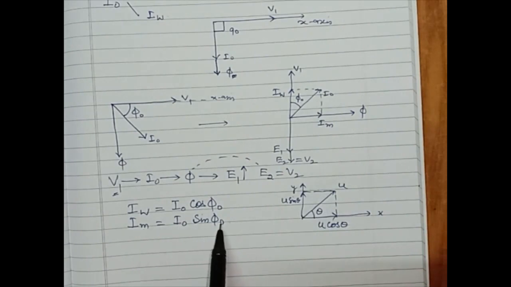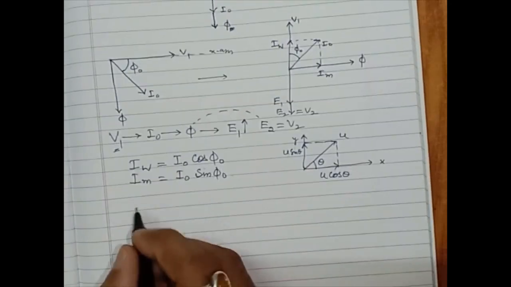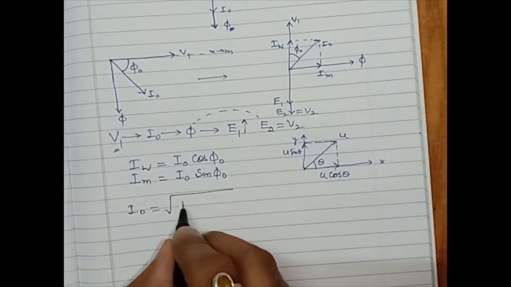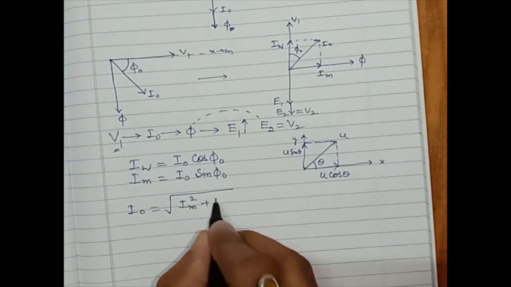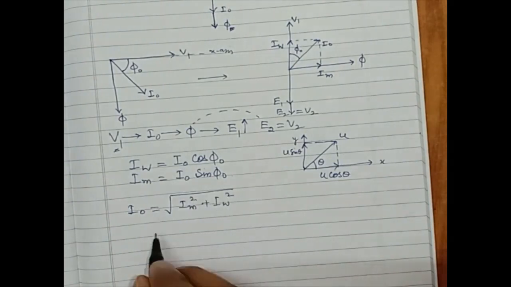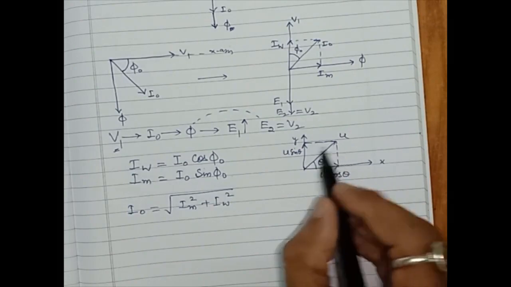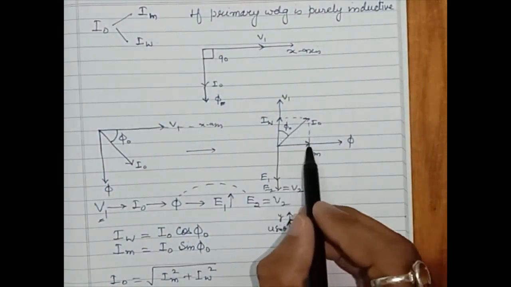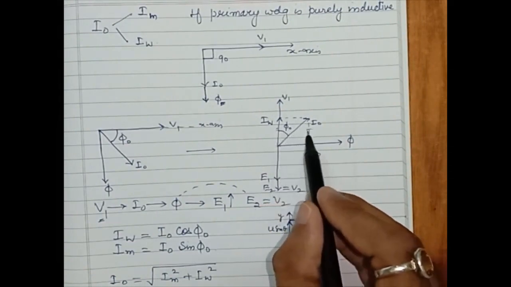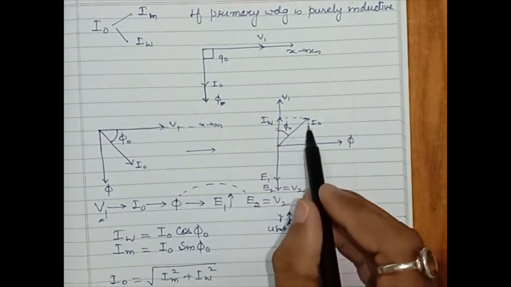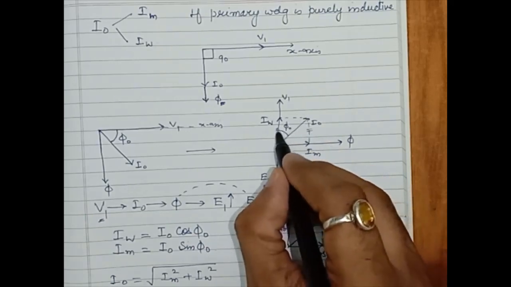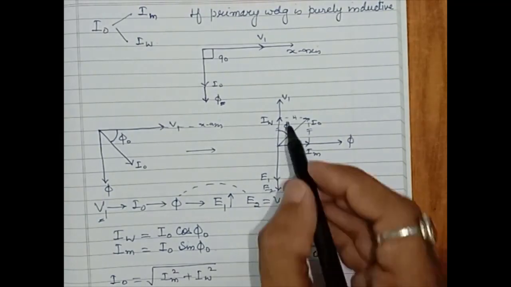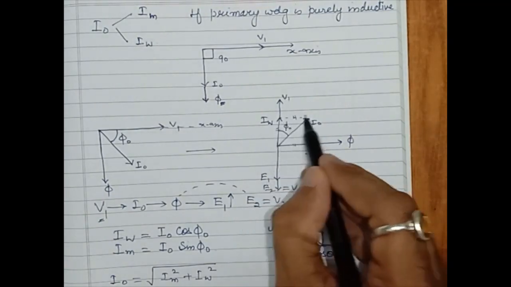So Im is I naught sine phi naught. We can say that I naught is equal to the square root of Im squared plus Iw squared. This is a right angle triangle, with Im and Iw as its sides.